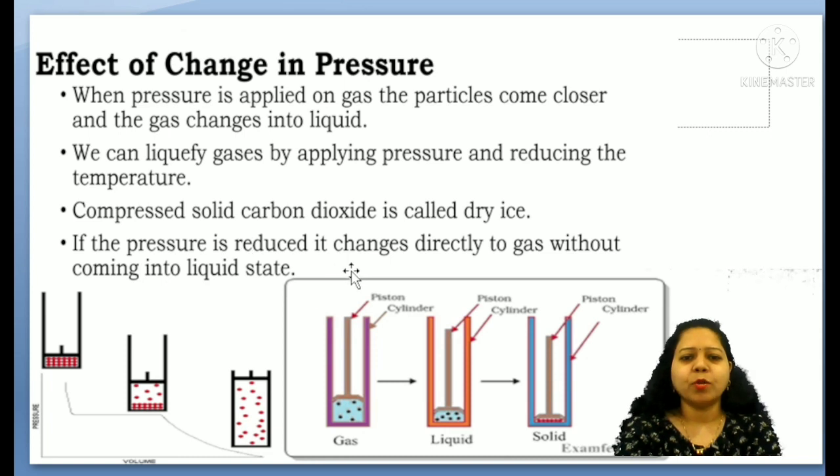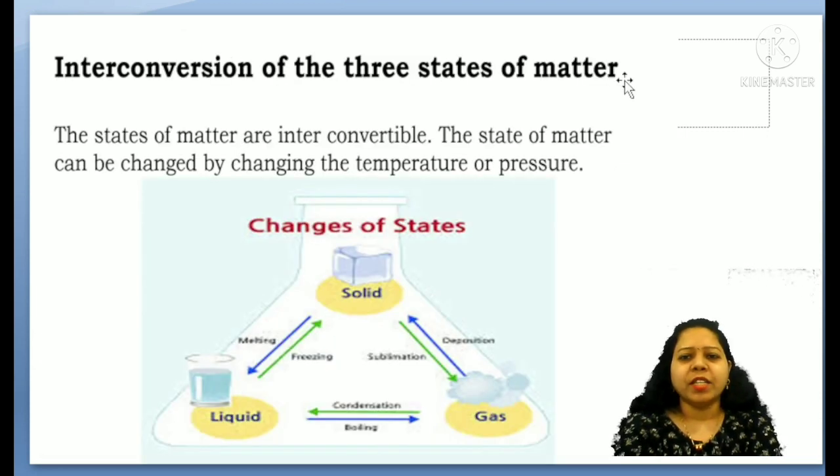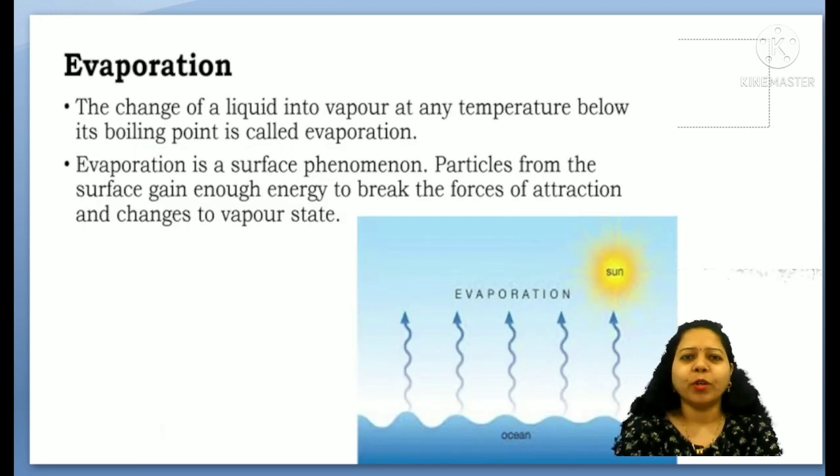If the pressure is reduced, it changes directly to gas without coming into liquid state. Interconversion of the three states of matter: we just learned that the states of matter are interconvertible. The states of matter can be changed by changing the temperature or pressure. Next, the important process, that is evaporation, we'll see.